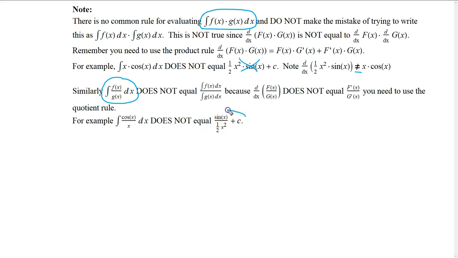If you were to differentiate this function, you would not get back cosine x divided by x. You have to use the quotient rule when you differentiate this, and you will not get back cosine x divided by x. So don't make that mistake either. Let's take a look at some examples now.